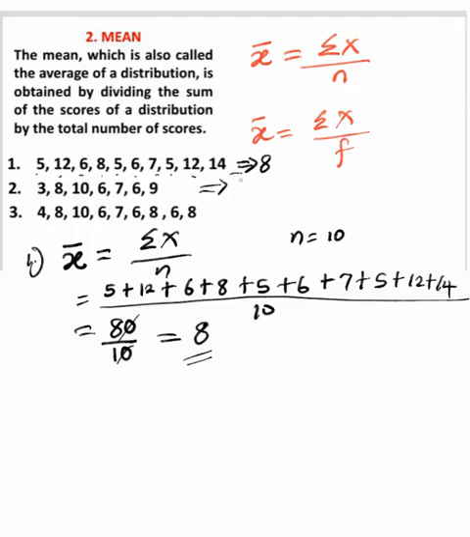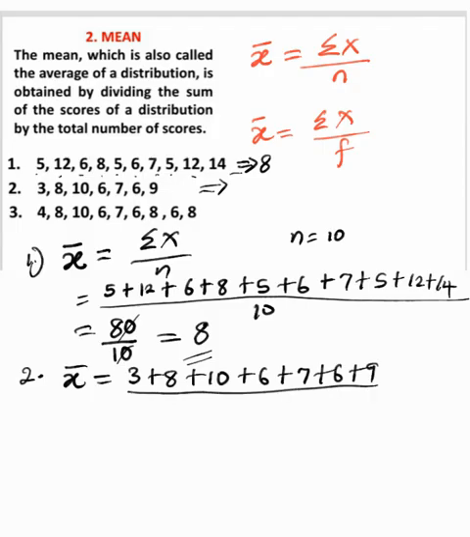Now let's calculate the mean for this second question, number 2. The same way, the mean will be equal to the sum of the scores we have there: 3 plus 8 plus 10 plus 6 plus 7 plus 6 plus 9 over the number of scores, which we count there: 1, 2, 3, 4, 5, 6, 7.